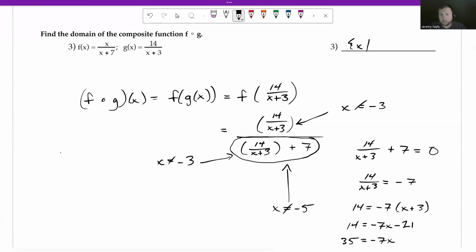we can either put it in set builder notation, and if you do decide to do it in interval notation, make sure that you have the numbers in increasing order so that it makes sense, like that.